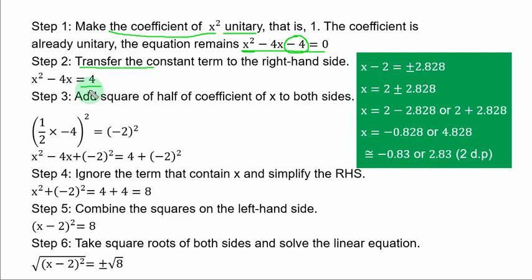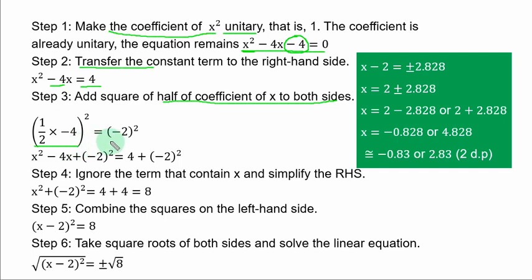Step 3. Add the square of half of the coefficient of s to both sides. In step 2, the coefficient of s is minus 4. So you get half of minus 4 and you square it. That means 1 over 2, which is half, times minus 4, all squared.